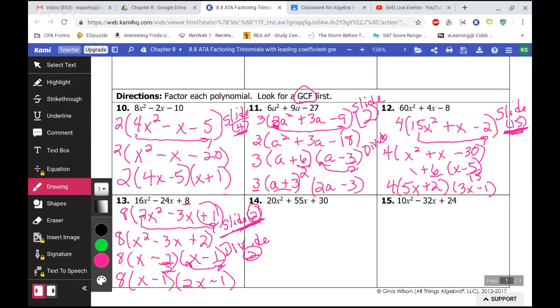Because when you're factoring things out and you start writing a whole bunch of numbers, it's easy to glance back at your prior work and see this 8. You want to make sure that whatever you slid by is what you divide by. So I always write myself a little note: slide 2, divide 2, slide 4, divide 4. Does that make sense? Does that help?